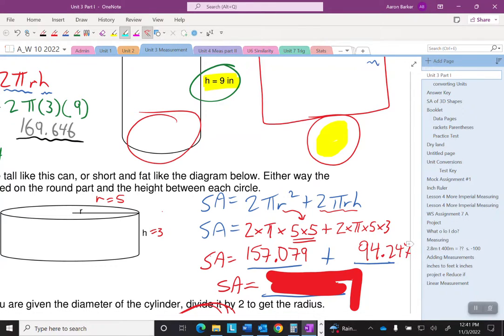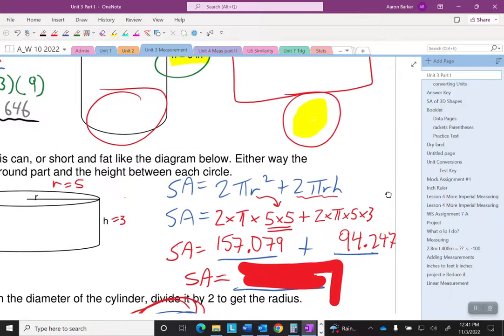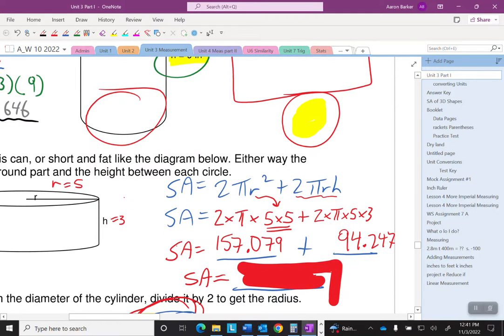Good, 94.247. So at the end here, now I add them together. Okay, so now you add them together, and then you can round your final answer. And I'd go to 1 decimal. Okay, 251 units. Looks like I round to a whole number.